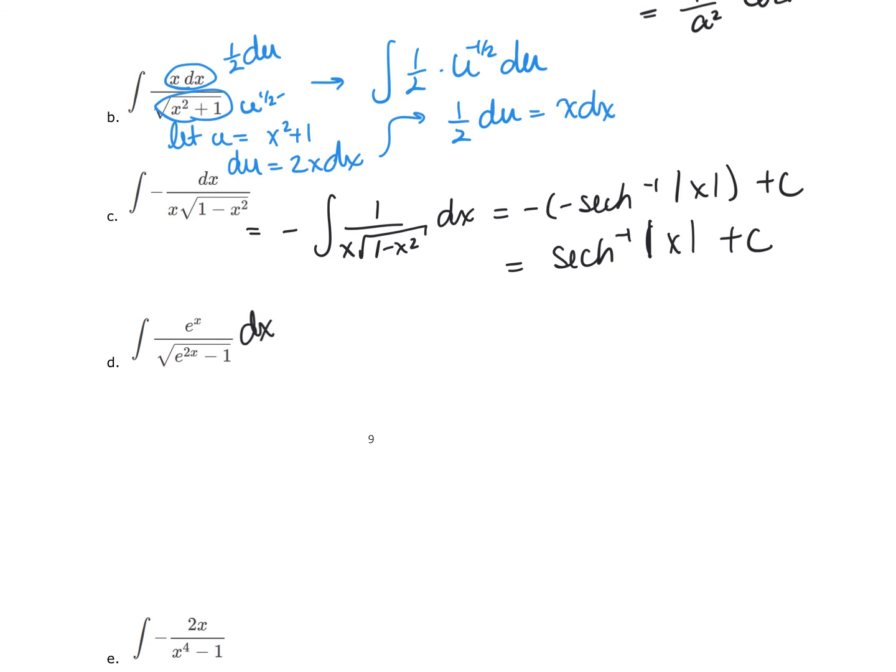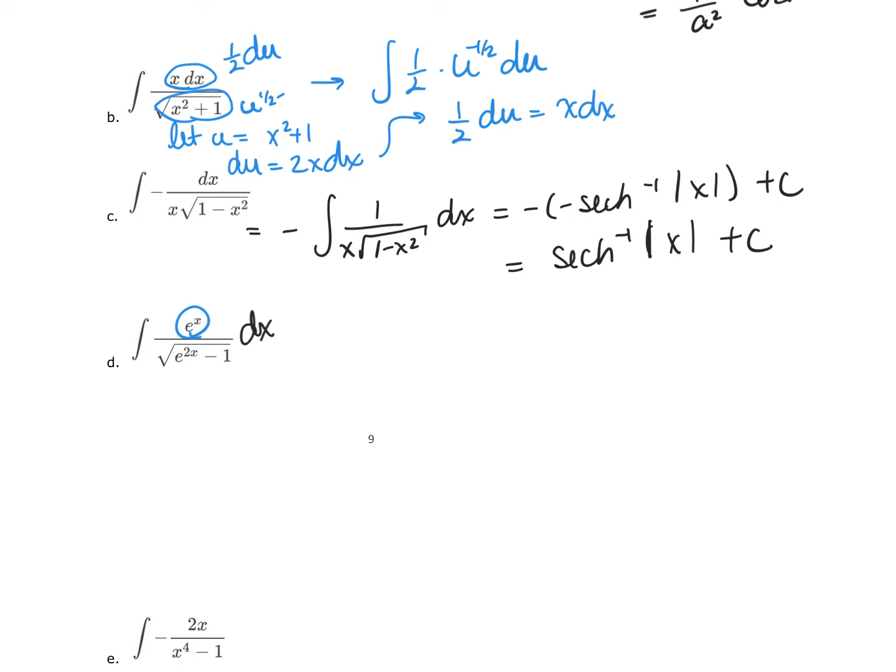And as I take a look at d, you think, man, could I do u sub? Well, no. And the reason you can't do u sub is because if you let u equal that denominator, e to the 2x minus 1, du would need 2e to the 2x. And notice how this is just x. Because that's just x, then this really is a hyperbolic.